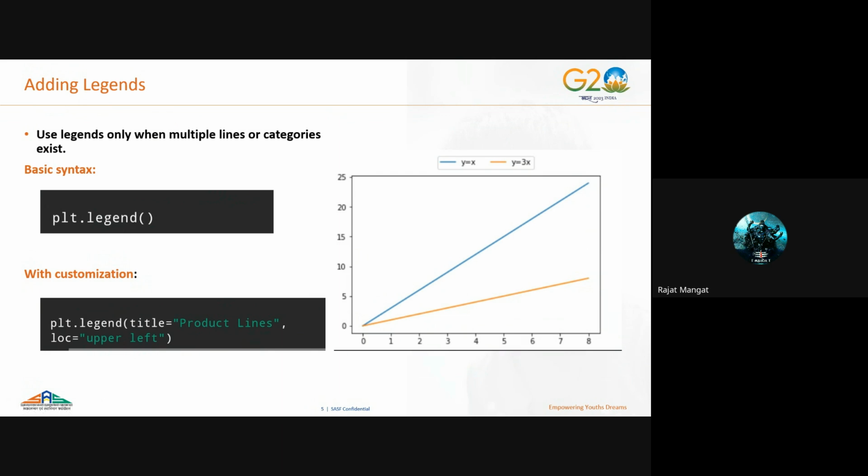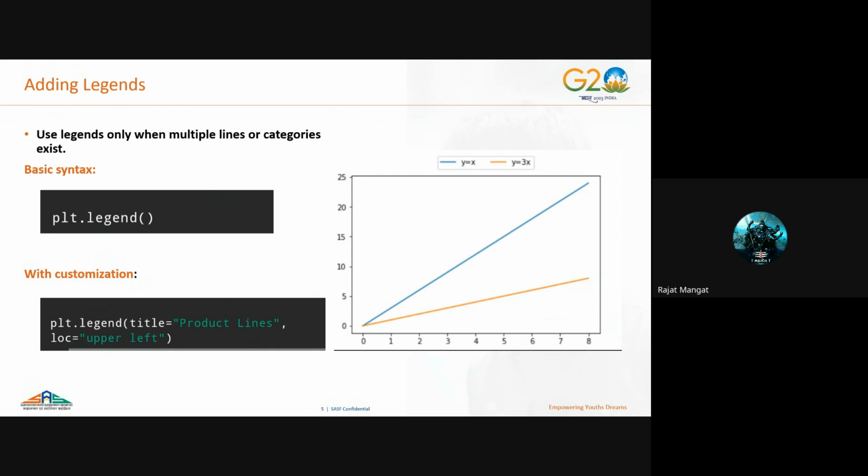You have seen in T20 and one day matches also, when there is a comparison between the two teams' run rate versus their overs. So like the blue line is representing India and the orange line is representing South Africa there. Okay, so there is a comparison between two teams on the same visual.